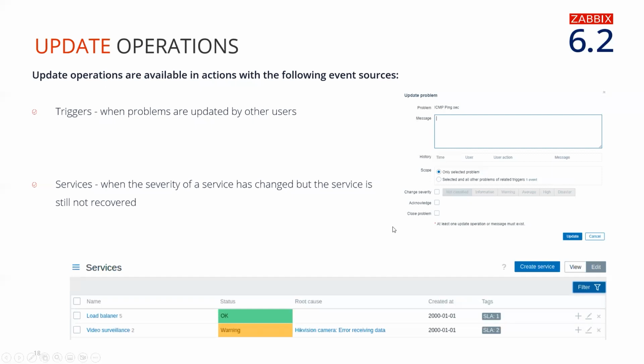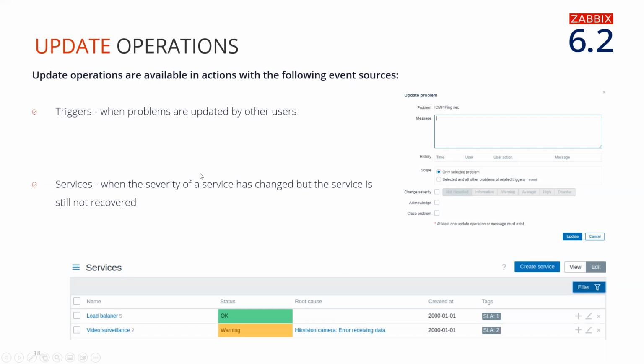So starting with update operations. They are available in actions with the following event source. So far, we just talked about triggers, but it's really cool that services, which was improved in Zabbix 6.0, also has triggers and also can be informed about an update.